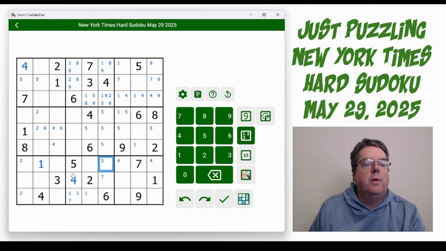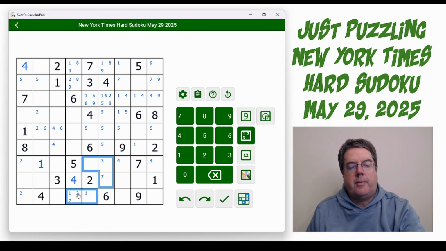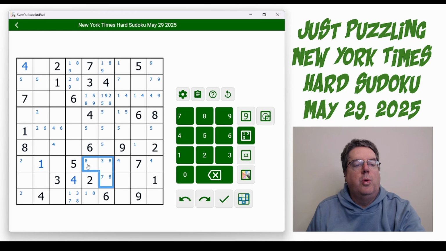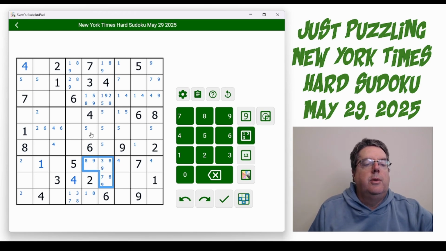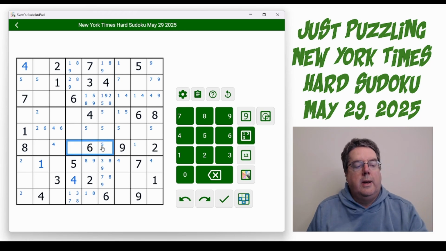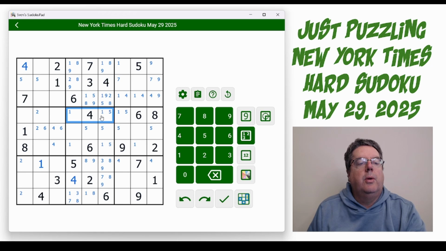So 1, 2, 3, 4, 5, 6, 7, 8, and therefore 9. 1, 5. So 1, 5, 8, 9. So we will do 1. So 1 can be across here. 1 could be across there.